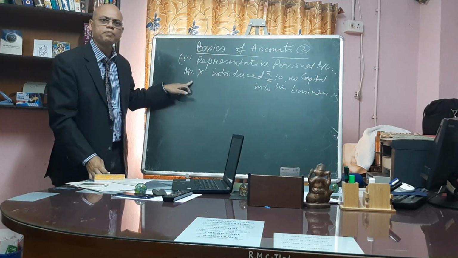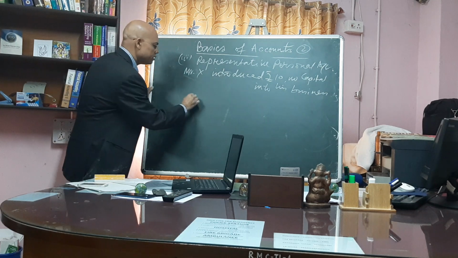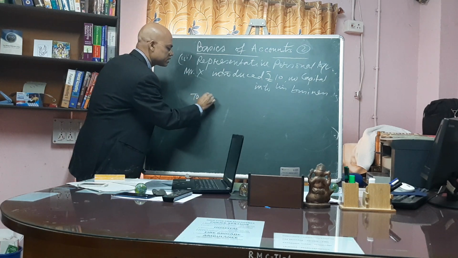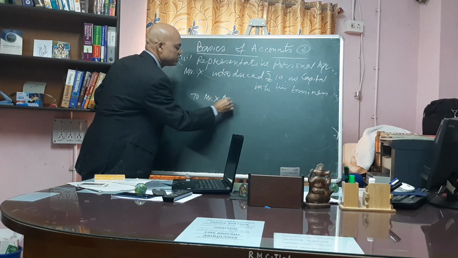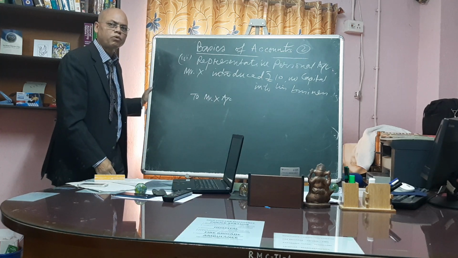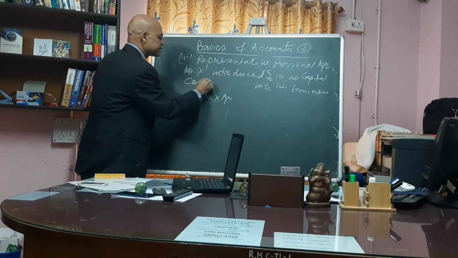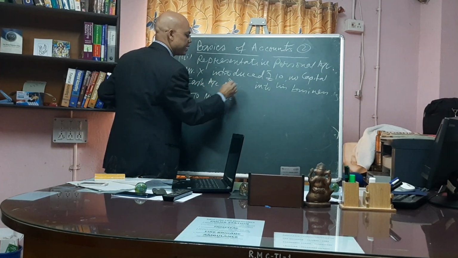Here, who is the giver of money? Mr. X is the giver of money. Then, as per the golden rule, you should write Mr. X account credit. And what has come into the business? The cash has come. Then cash account debit.